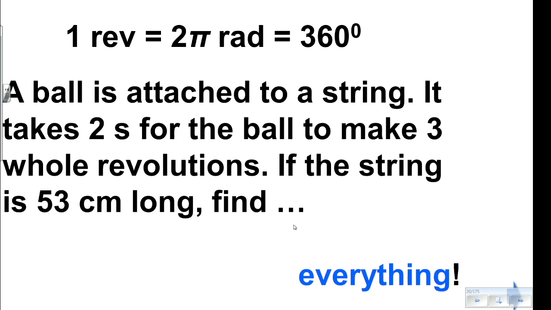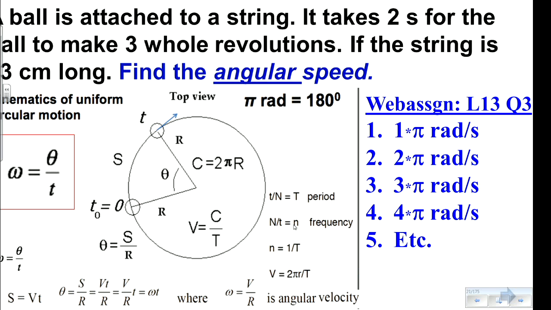Now we just use the same example to get familiar with angular variables. Question I want you to answer. These are equations. You should pick an equation you want to use, and then use that equation to calculate.